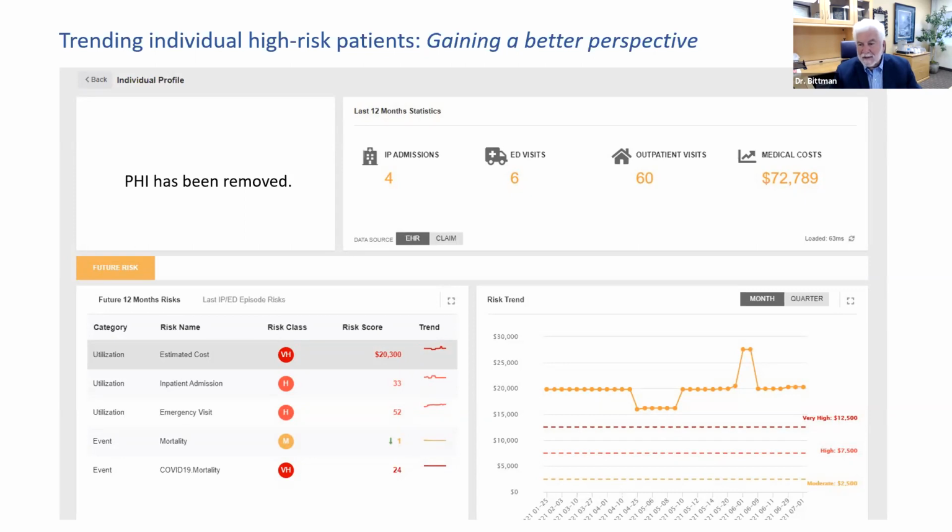Now, you're probably saying that's a major exception, but I can tell you I look at data every single day, and we have tons of patients in the Inland Empire that actually have expenditures in excess of $500,000 per year. When you look at future risk, these are predictions for this one particular patient. So you can see the estimated cost is going to probably be very high. Again, these are predictions. The COVID mortality is probably going to be very high.